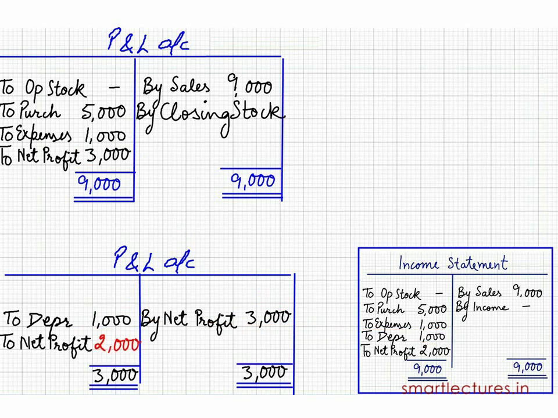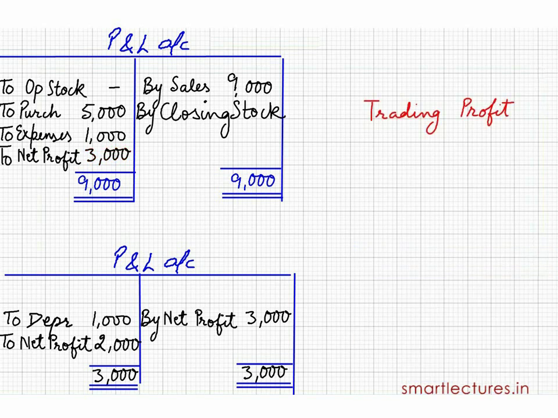What I have done is split this profit and loss account into two parts, and this is the previous profit and loss account. But I can say this is part 1. The net profit is 3,000. You can call it trading profit or net profit before depreciation, whatever it is. It's a simple example for you. And this net profit of rupees 3,000 is purely based upon cash transactions.